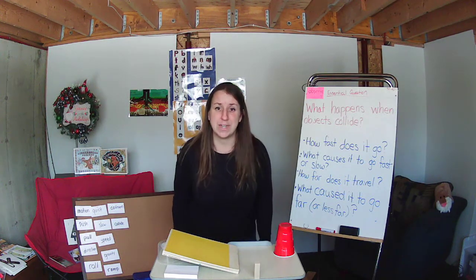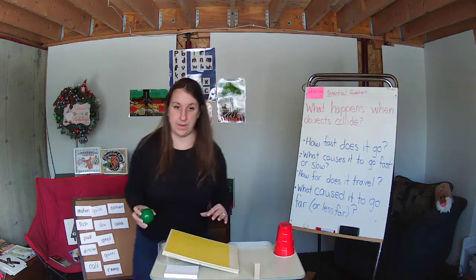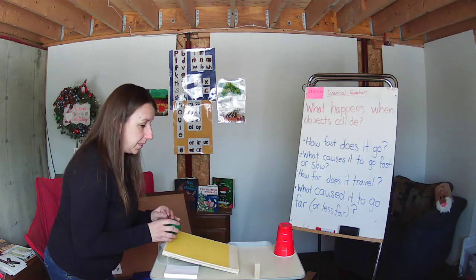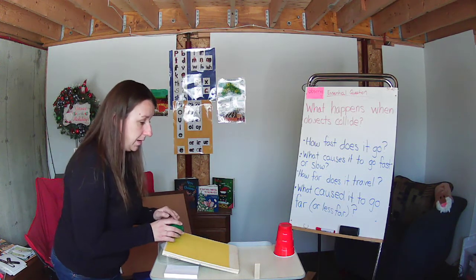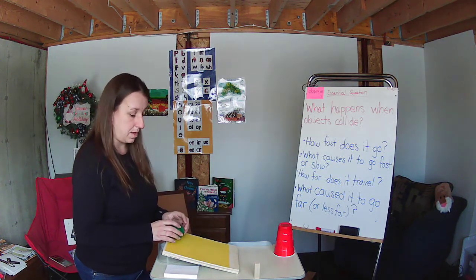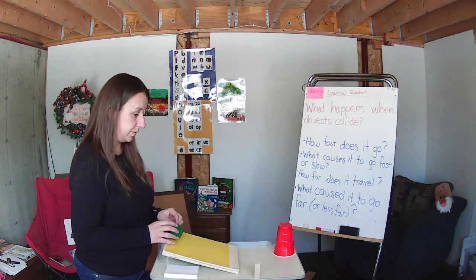If it doesn't work the first time, adjust, move things around, see what happens. All right, so this is what I'm gonna do. I'm gonna make my green ball hit the red cup. I'm gonna see what happens to my green ball and where it goes. Is it going to collide and then just fall right off the table? Who knows? We're gonna find out.